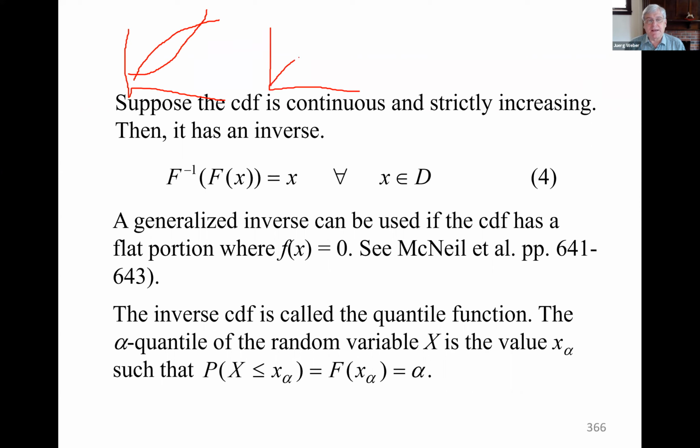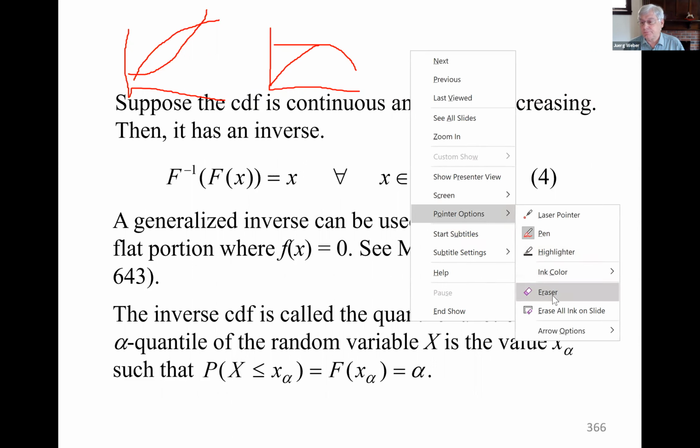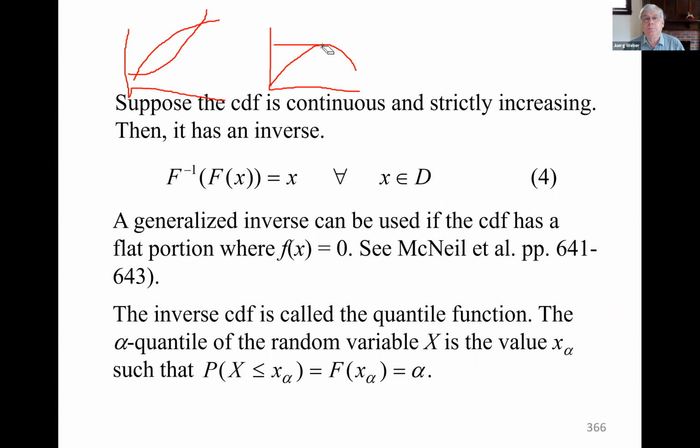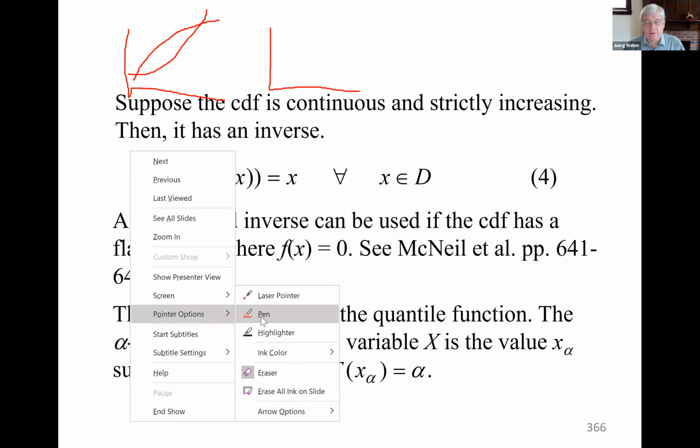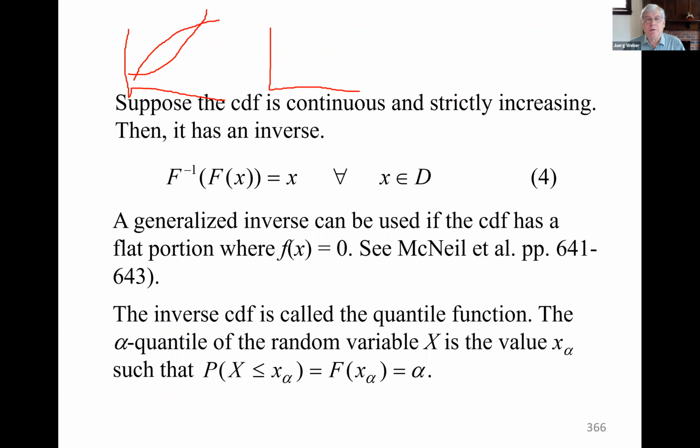So let's assume it declines here just at the end. Such a function has no inverse. The inverse would look somehow like this.